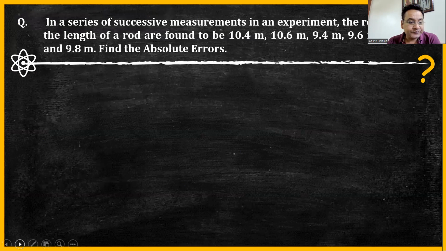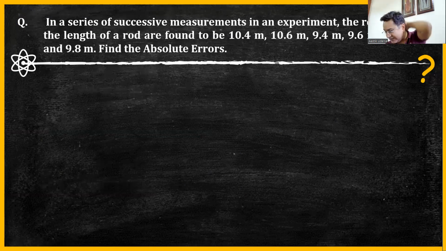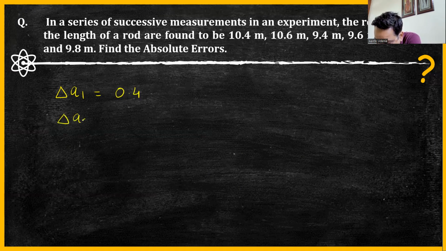Now we can solve the same question that we did, and find the absolute error in all six cases. What will be the absolute error in the first case? It is 10.4 minus 10, so I can write it as 0.4. What will be the absolute error in the second case? It is 0.6. I can write it as plus, just to understand that I am getting more. Yes or no? Yes, sir.